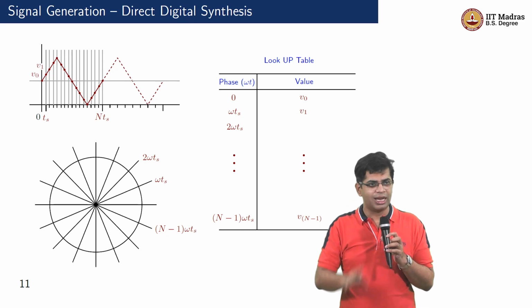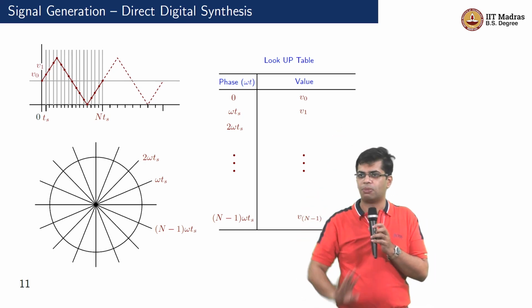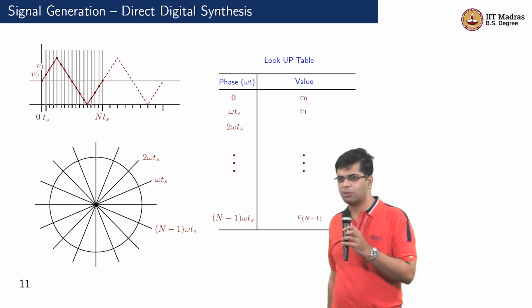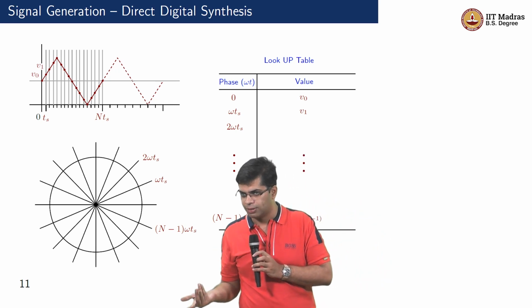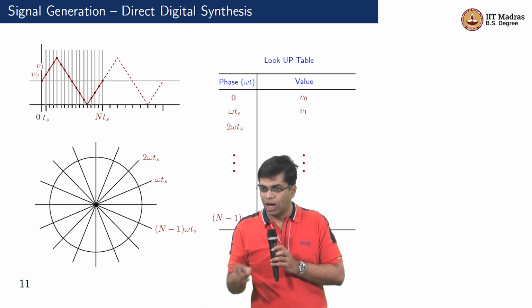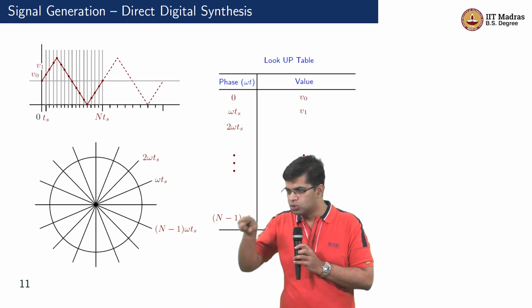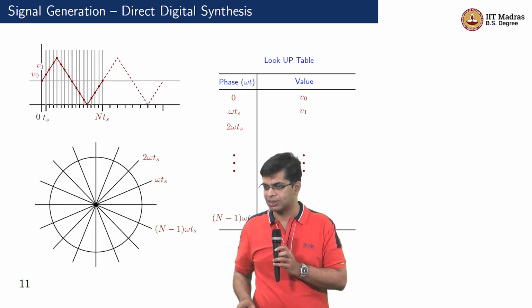So what direct digital synthesis actually does is to have a lookup table. But you don't have a lookup table for every frequency. Then there is no end to it. The key which is used for the lookup table is not frequency but phase.